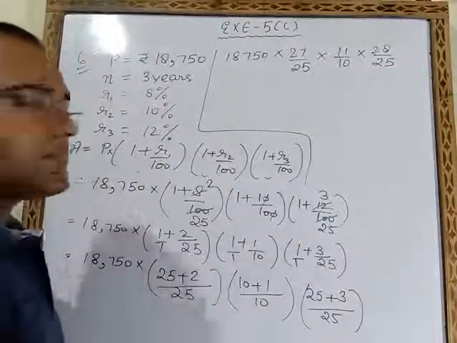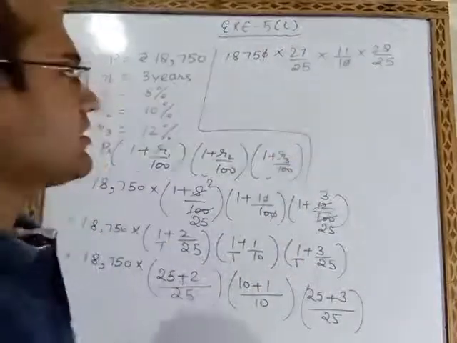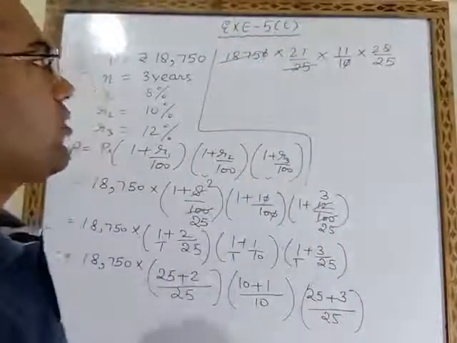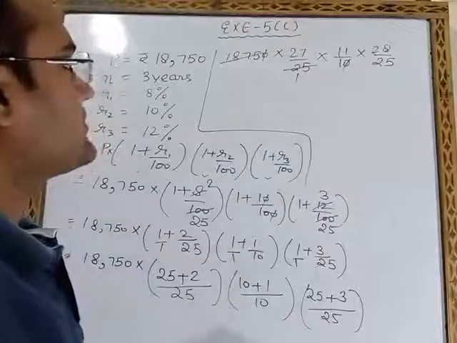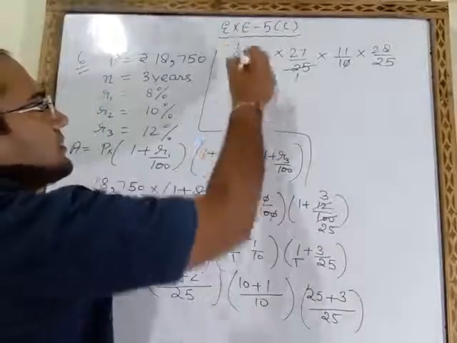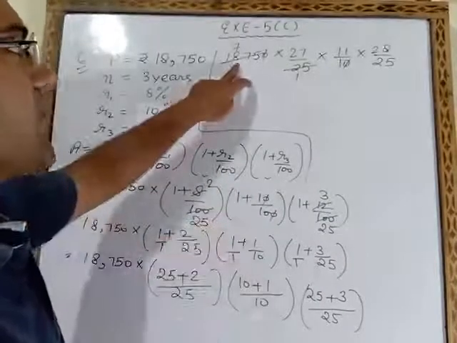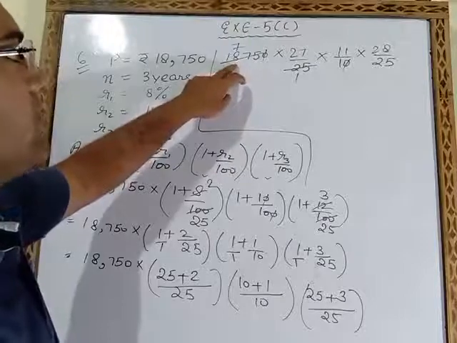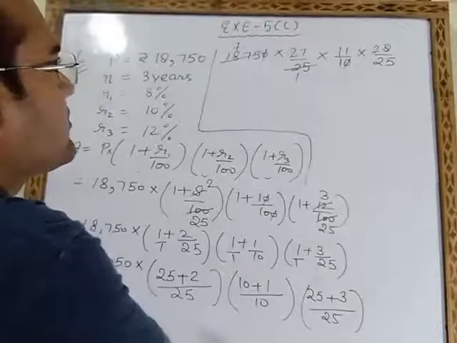Now next step, this last 0 and last 0 will get cancelled. These two numbers we will cancel. 25 1s are 25. 25 7s are, when we will cancel it with the table of 25, we will get 25 7s are 175. On subtracting, we will get remainder 12.